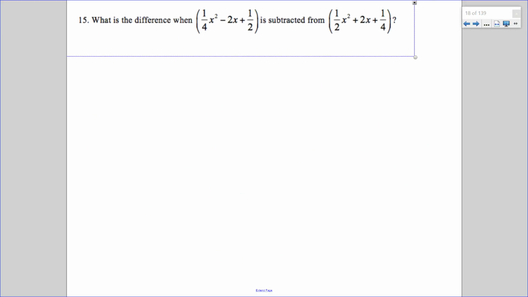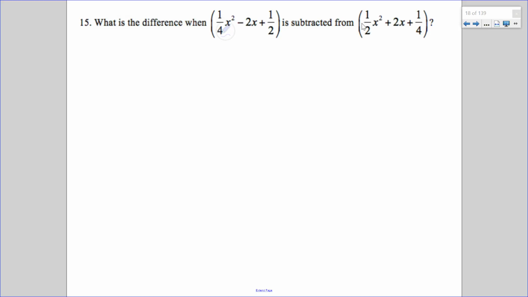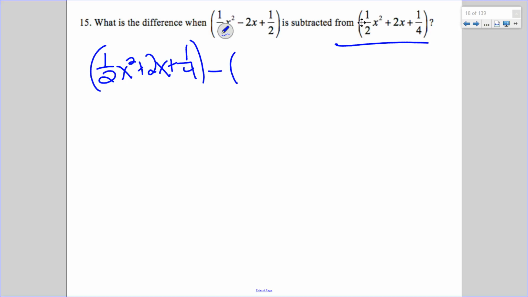Next type of question. This is an Algebra 1 question. From comes first. So it's 1/2 x squared plus 2x plus 1/4 minus 1/4 x squared minus 2x plus 1/2.